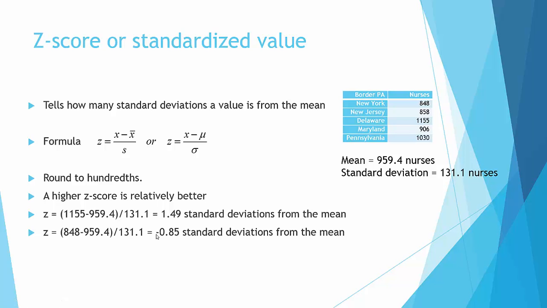It's not a full standard deviation below the mean, so it's less than 131 nurses below the mean. And so as I look at these two values, the positive one is the higher z-score, and it is relatively better. It's more nurses per 100,000 residents than a lower z-score.